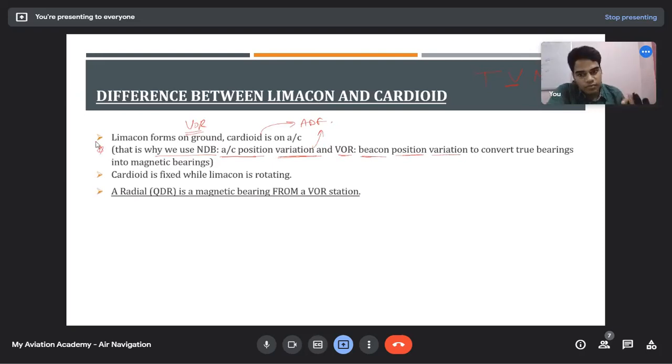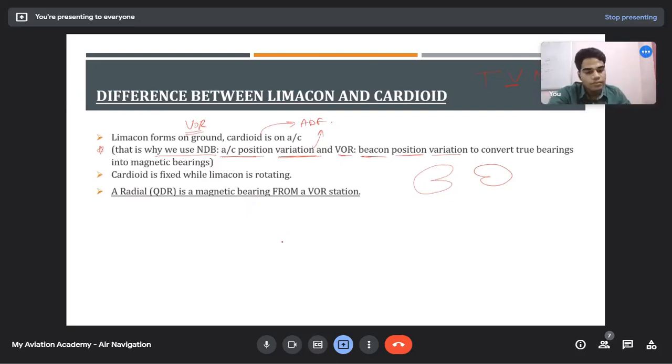Cardioid is fixed. Limaçon is rotating. Remember that the cardioid diagram was fixed like this. Even if you draw two, it was fixed. It was not rotating, whereas Limaçon is rotating. A radial QDR is a magnetic bearing from a VOR station. So remember the second chapter, the application, VDF, right?